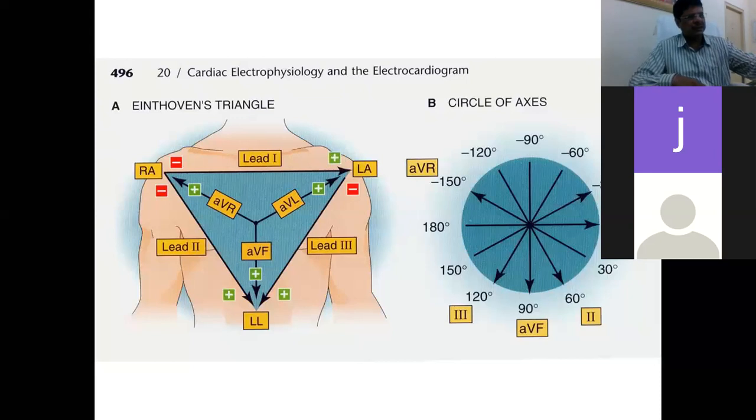We also have the hexaxial system, which helps us to find out the electrical axis of the heart. Knowing about the orientation and electrical axis of the heart is important. Why it is important, we'll discuss down the line, because there are so many conditions or abnormalities in which the electrical axis of the heart can be deviated. The normal electrical axis of the heart is between minus 30 degrees and plus 110 degrees. I'll discuss that maybe down the line.